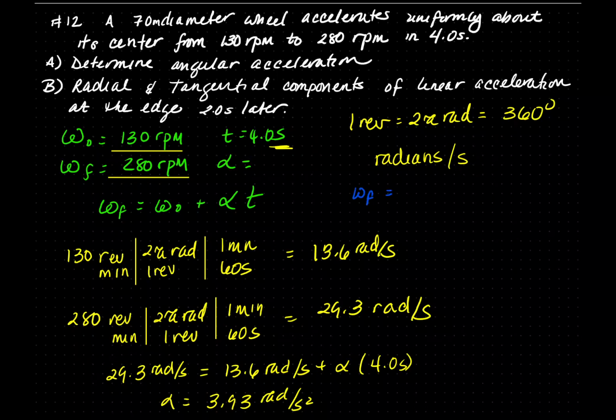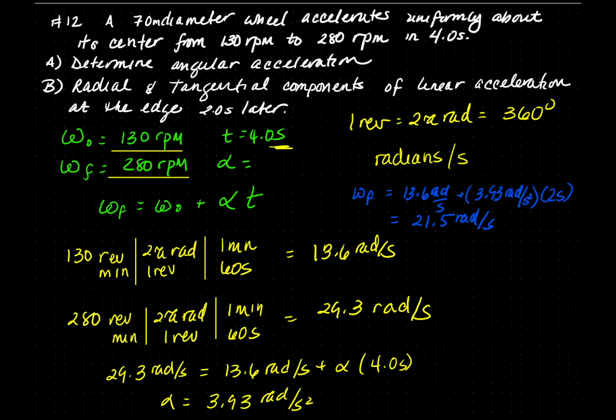This equals 13.6 rads per second because that is what we started with. Acceleration is 3.93 because it accelerates uniformly about the center, and we know the time is 2 seconds. Plug this in, you should get approximately 21.5 rads per second for part B. This is my final angular velocity.